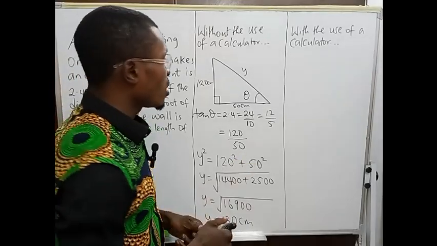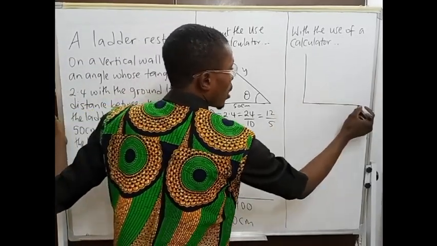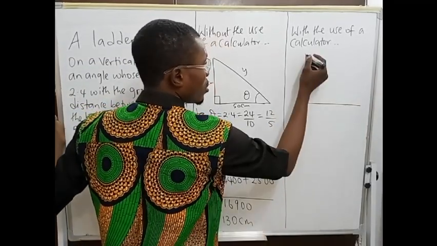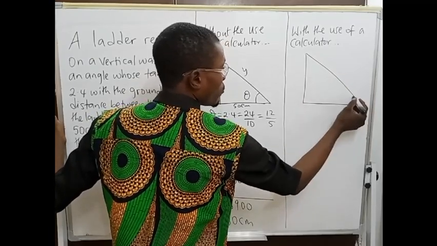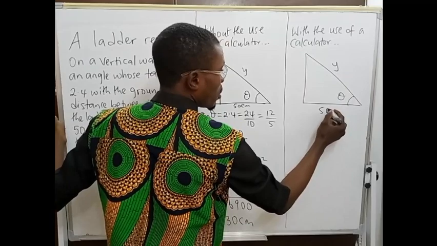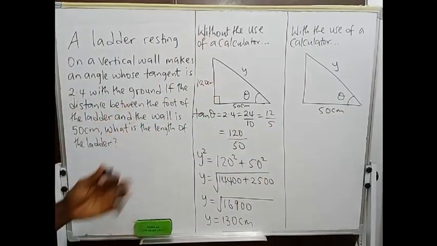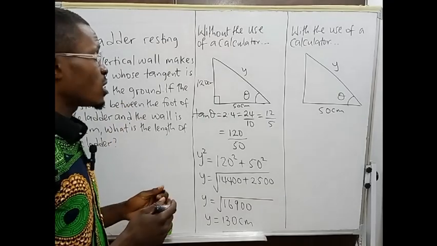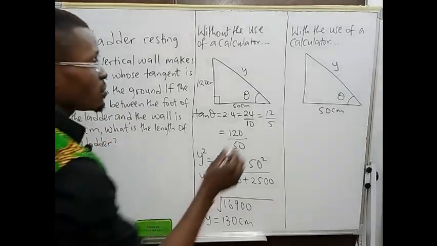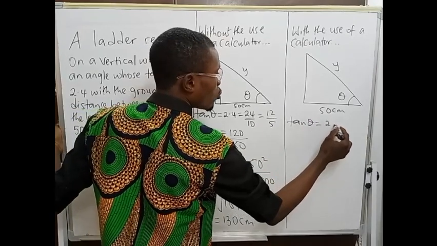Okay, now for the second case, we still have our diagram, the wall and the ground, then the ladder. We have the angle with the ground, and then the length of the ladder, and then from the question we're given this distance. Now we're going to make use of the calculator. We're told that the tan of this angle is 2.4.